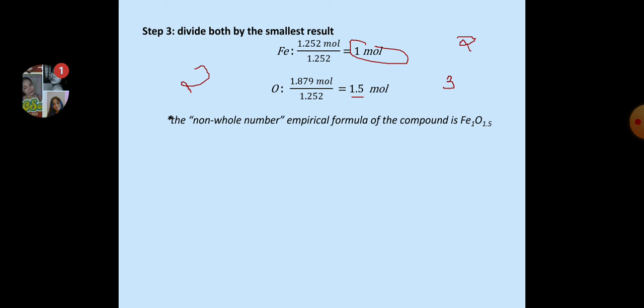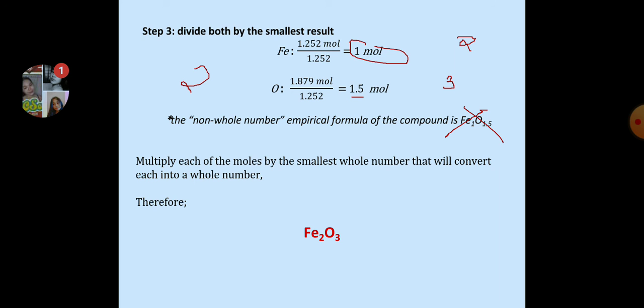Nag-additional step tayo. This 1 and 1.5, hindi yan yung final answer. Kasi, based sa definition ni empirical formula, kailangan whole number yan. Okay? So, multiply each of the moles by the smallest whole number that will convert each into a whole number. As mentioned a while ago, the smallest whole number na pwede is 2. 1, hindi pwede kasi hindi naman magiging whole number sa 1.5.